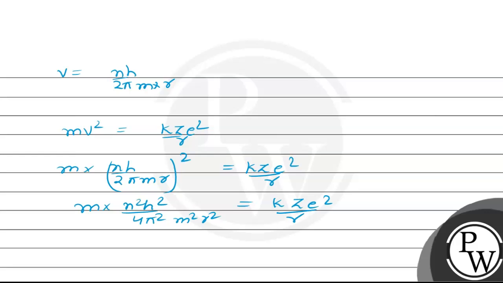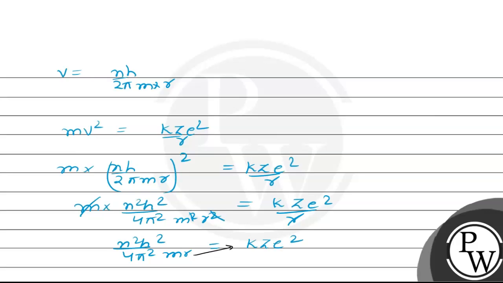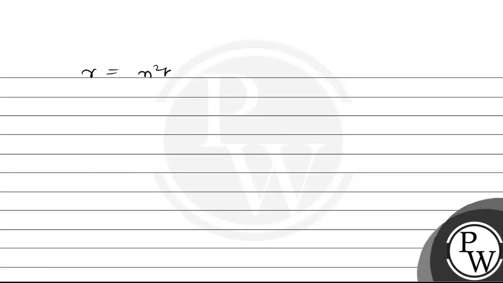So स्टूडेंट्स यहाँ से इस r से एक r square की वैल्यू cancel. So and this m will cancel out one of the m. So n square h square upon 4 pi square m r, this must be equal to k z e square. आपको numerator में लेकर जाएंगे to find the value of r equals to n square h square upon 4 pi square m into k z e square.